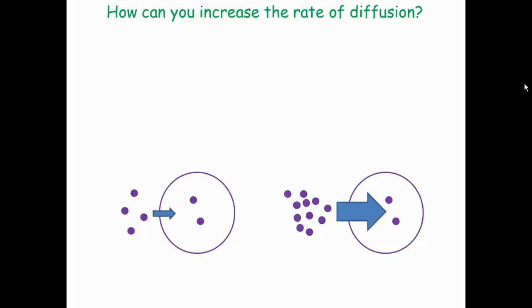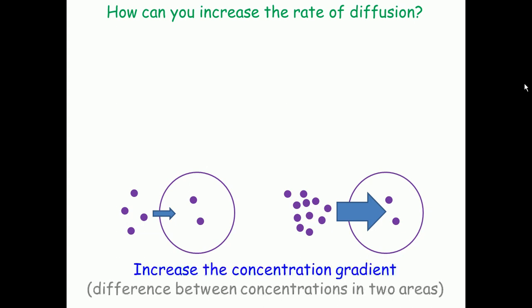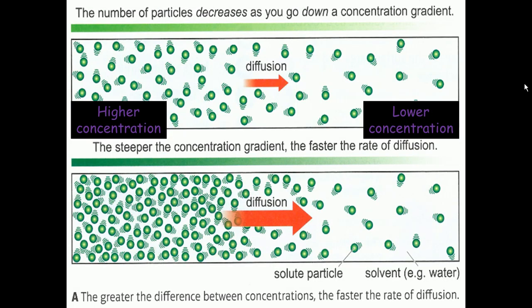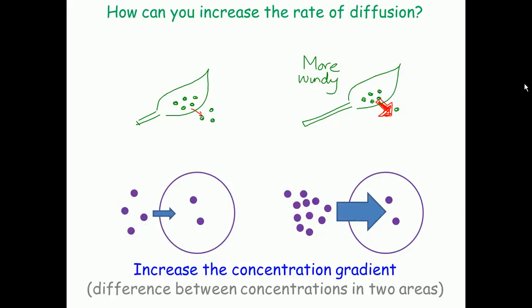How can you increase the rate of diffusion? Using the example shown, we could see that you could increase the concentration gradient, which is the difference between 2 concentrations. And when you do that, the rate of diffusion will be faster. The greater the difference between concentrations, the faster the rate of diffusion. And we could use this idea to explain how air movement affects transpiration.